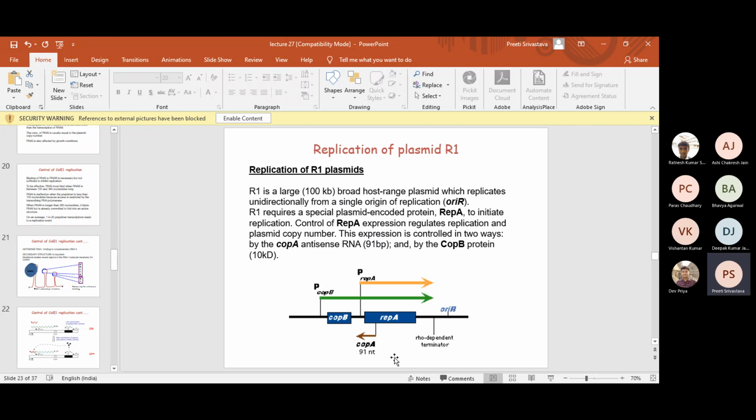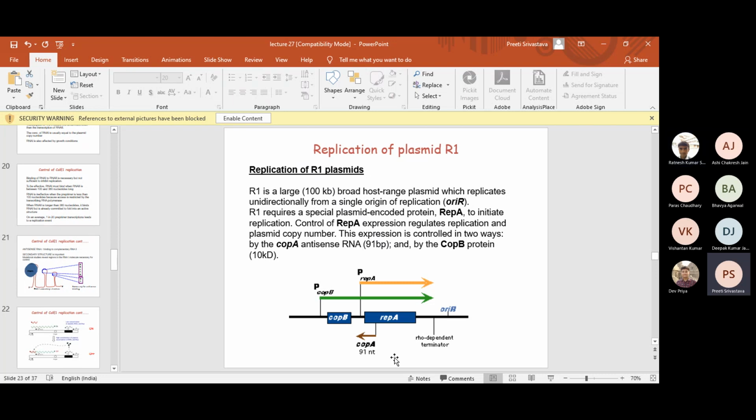So the cell has devised a mechanism whereby some initiations are possible. It's like 1 in 20 initiations are successful in the case of ColE1. Likewise, the length of the antisense RNA is regulated, but it is not completely blocking it. Following?